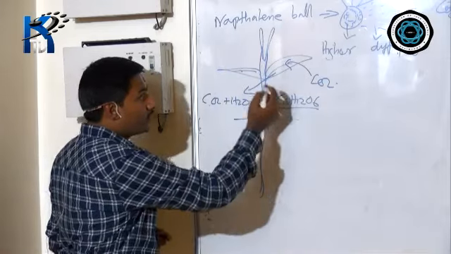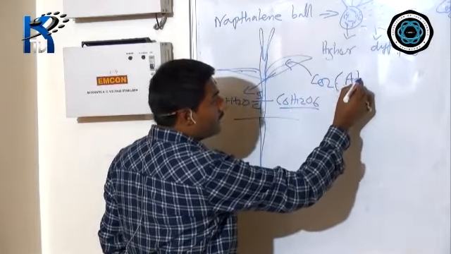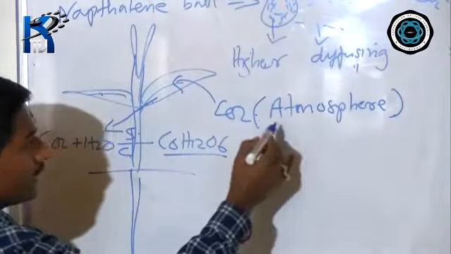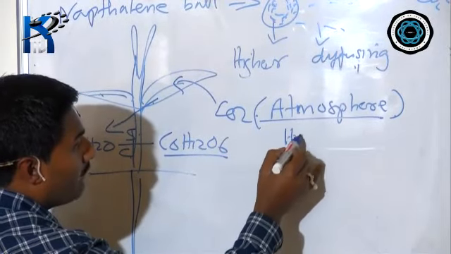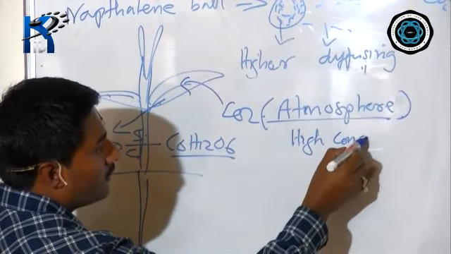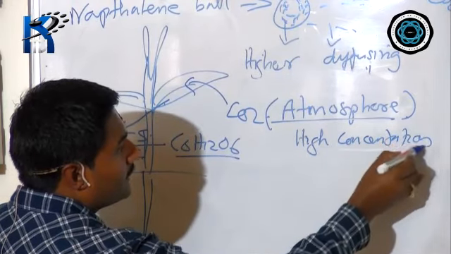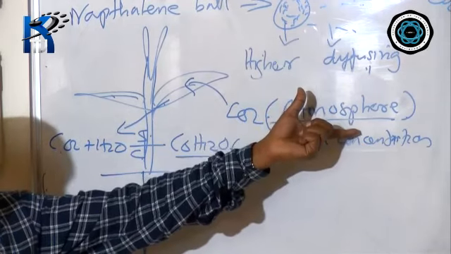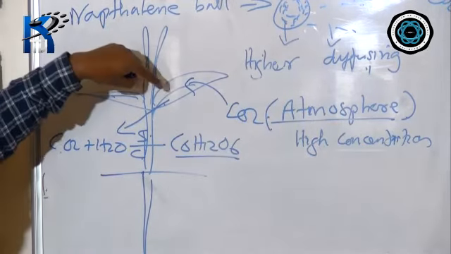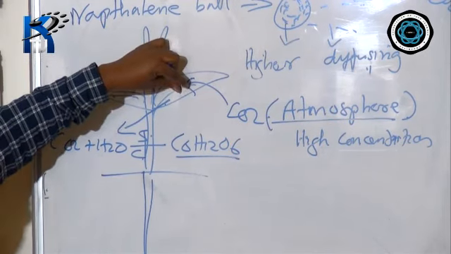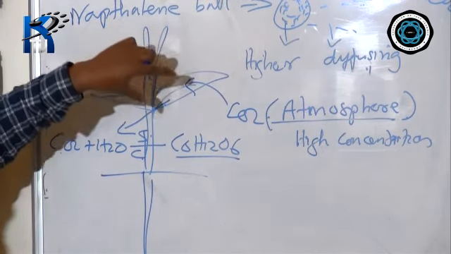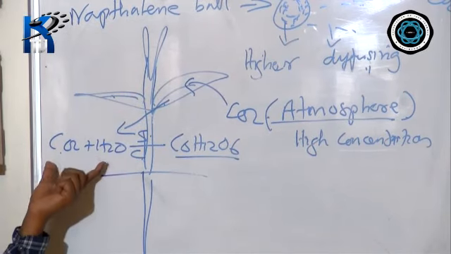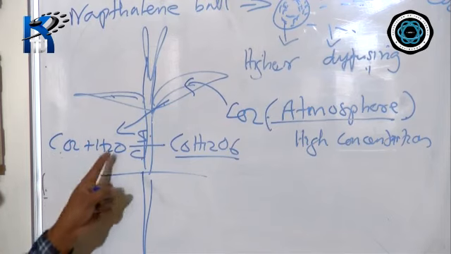So when it is used up, where is carbon dioxide present? It is present in the atmosphere. So automatically in the atmosphere you have a high concentration of carbon dioxide. Whereas in the plant, the carbon dioxide inside the leaf has already been used up for making food, that is carbon dioxide plus water, sunlight, chlorophyll.